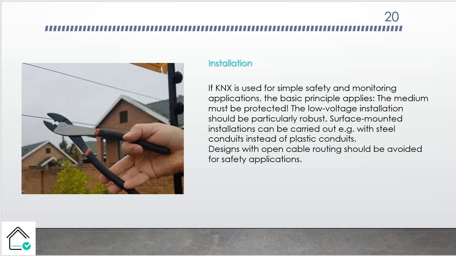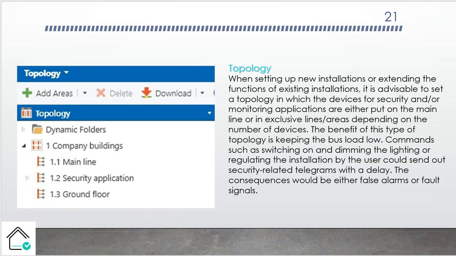So this is important. Also, further on we will see that even when we want to select the binary input in KNX, we use some special binary input so that if somebody penetrates the inputs, then we get the alarm. Okay, we will see.